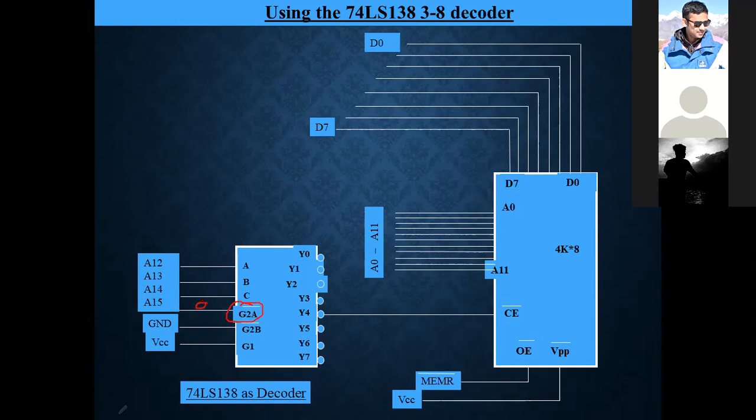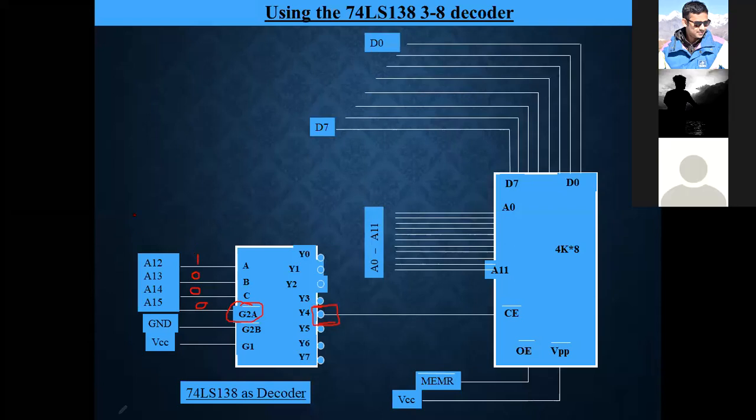And now if you can see the truth table, for selection of Y4, as this line is selected, A12 must be 1, A13 should be 0, A14 should be 0. Clear? Clear or not? So we are writing the address range.